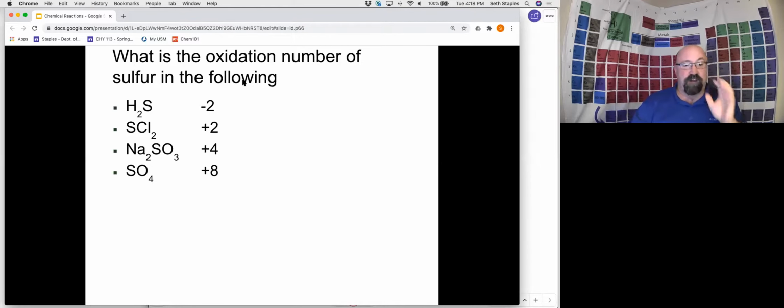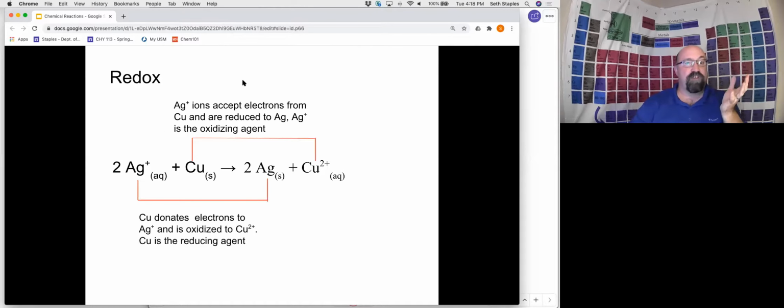That's again because oxidation number is just this artificial bookkeeping method we have to track where electrons are moving and being transferred around in a chemical reaction or in a redox reaction. Here's another way to visualize this. Here's a redox reaction between silver and copper. We just have some aqueous silver with a 1+ charge, and copper metal.